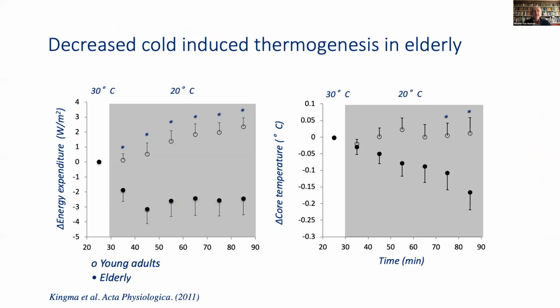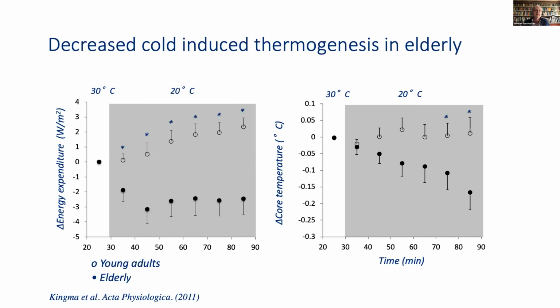I'll show you here some of the studies from Kingma, who studied energy expenditure in elderly. And here you see that the younger adults clearly show what I showed before in the earlier slides, an increase in energy expenditure. That's the open circles on the left graph.